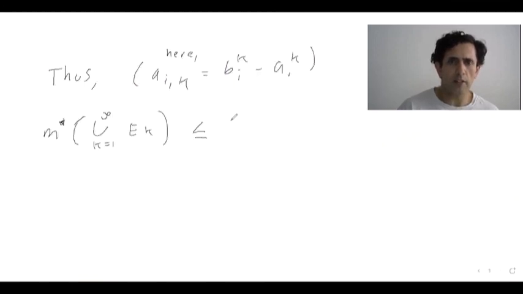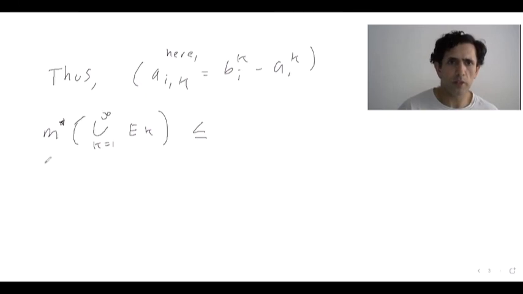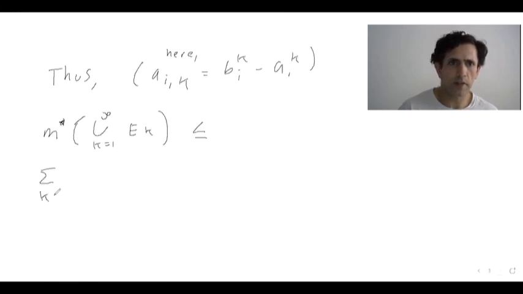So this is less than or equal to this red sum here, which is equal to the iterated sum, first doing k, then doing i. Sorry about that.